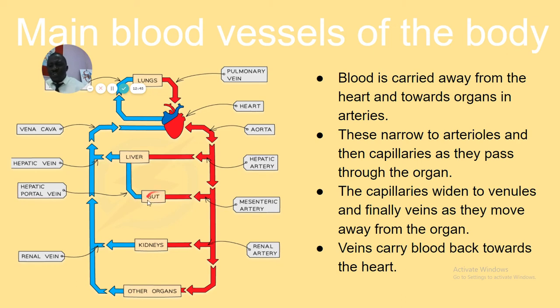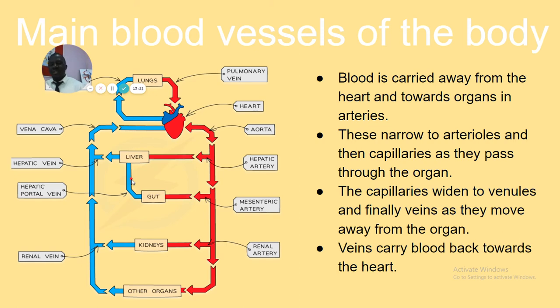So all the food we've eaten, with a lot of glucose, amino acids, vitamins, is going to first go to the liver via the hepatic portal vein. Then the liver deaminates, regulates glucose, and does the rest of the things the liver does. So that marks the third blood vessel supplying the liver.